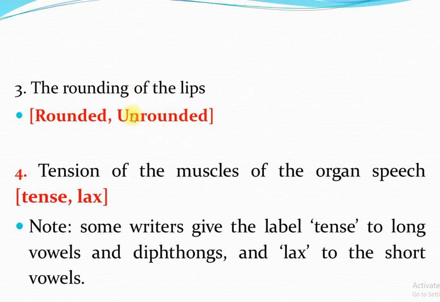While unrounded includes all the other sounds. Like the sounds that need the lips to be spread, like E, or a little bit opened, or very much opened, ultimately opened.